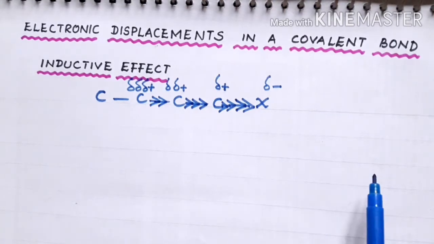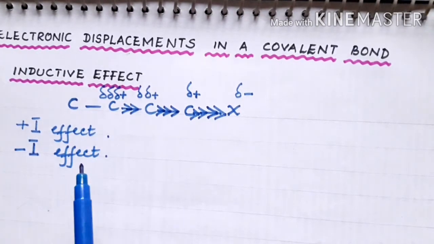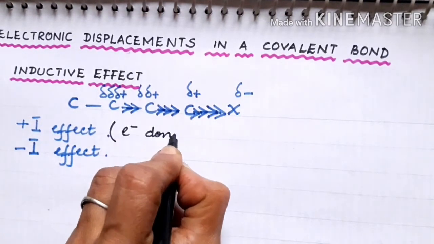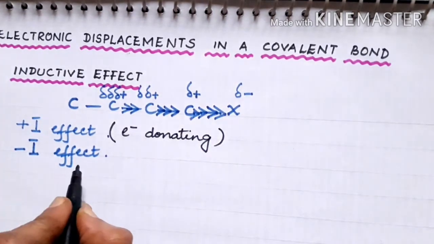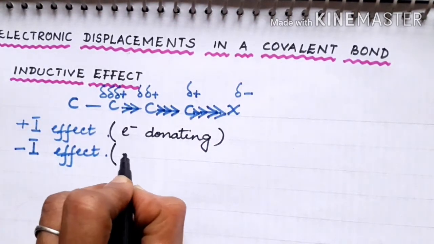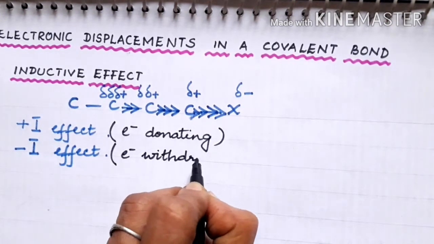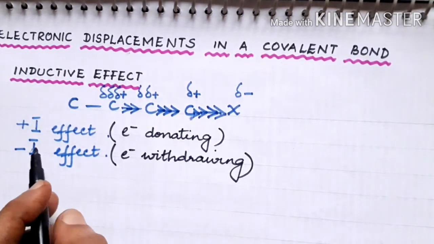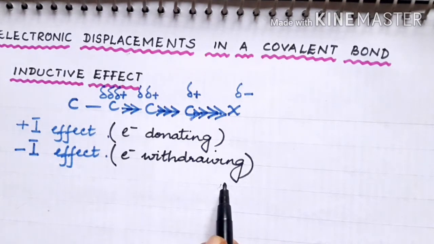We have two types of inductive effect. Plus-I effect is known as the electron donating effect, whereas minus-I effect is known as the electron withdrawing effect. So, inductive effect can be either electron donating or electron withdrawing.